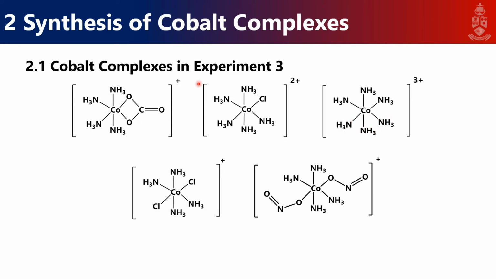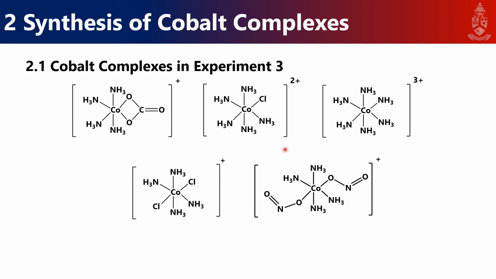So what are we looking at in experiment 3? In experiment 3, we'll be synthesizing these 5 complexes, which I've drawn here. Notice I've not drawn in any dashed or thick bonds. That's up to you. Just general line structures here, and I've added the charges. We'll go through again how I got to these charges, just so that everyone's on the same page.